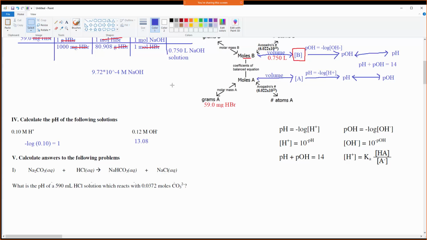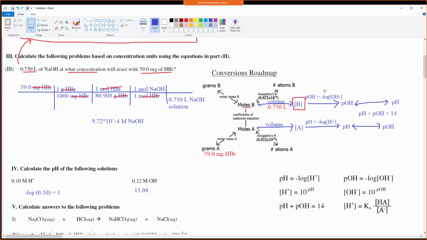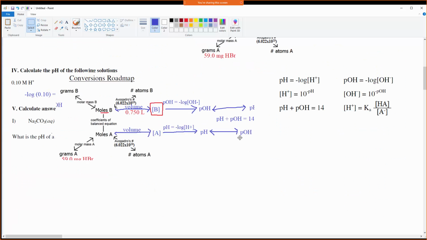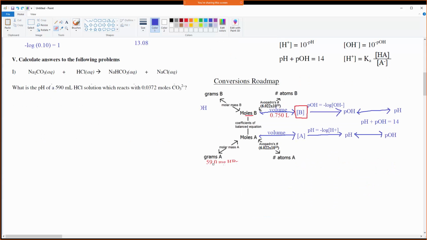Okay, so in this case, I'm kind of feeling like I shouldn't have marked up this one so much, so I'm just gonna copy this down here and then use it anew. Let's clear out all my work. Okay, and then we were also just gonna be clear that this is my acid and this is my base, right? And so that makes this the OH minus and this the H plus.